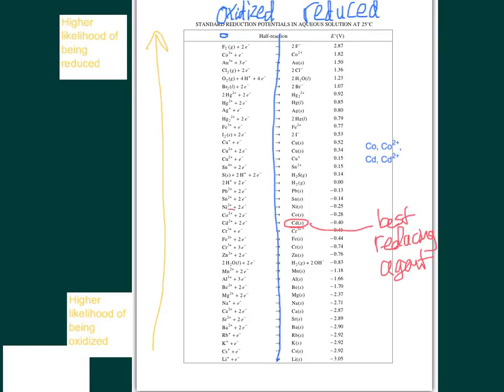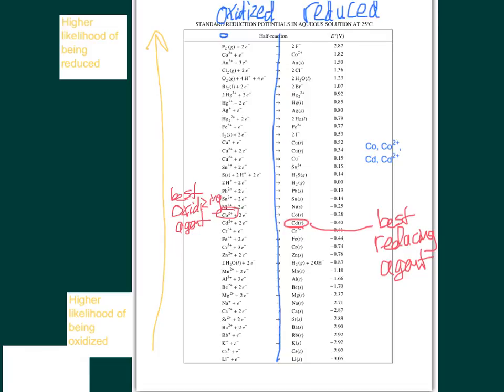So cobalt 2+ right here would be the best oxidizing agent of those four. Okay, because it's the highest up, most likely to be reduced, and it's on the left in oxidized form, and therefore it can accept electrons and become reduced.